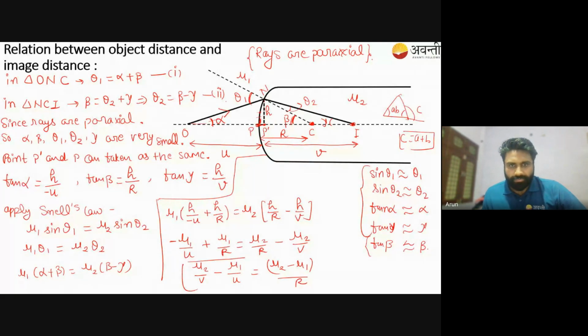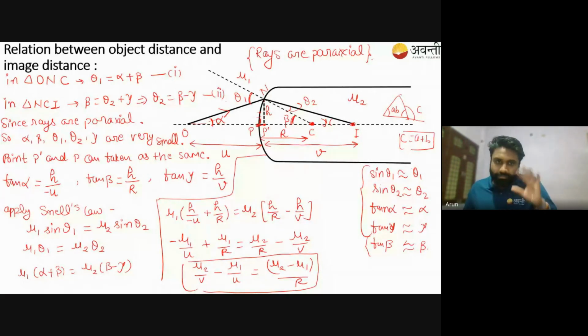So this is the final formula that we have. Here mu2 is the medium in which the ray is going and mu1 is the medium from where the ray is coming. Same as the condition for real depth and apparent depth. Okay, so this is the formula.